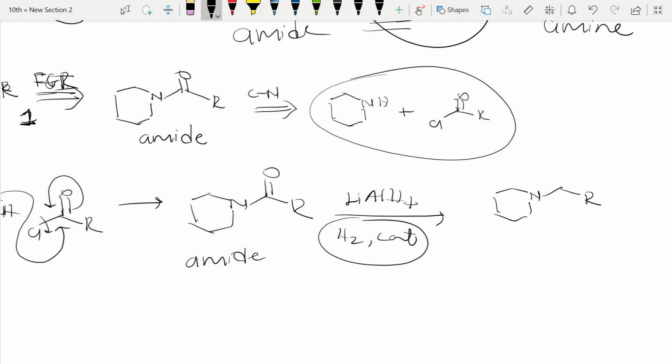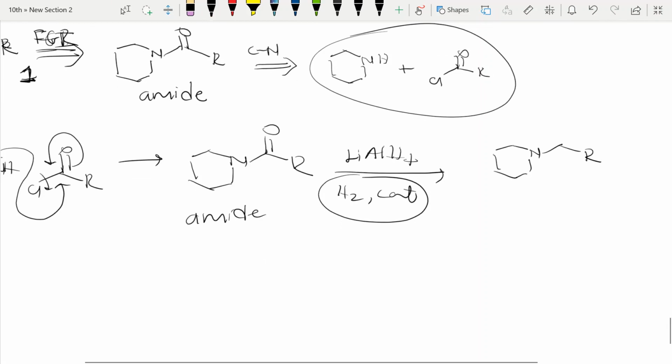See here, right? So this is nothing but amine. CO is converted to CH2. Here 2 hydrogens come. We never show that, but for understanding you can show it, right? I hope it is clear how this reaction happened.